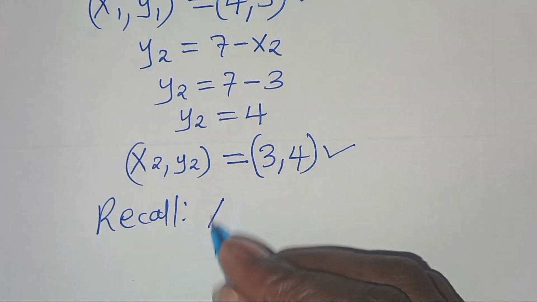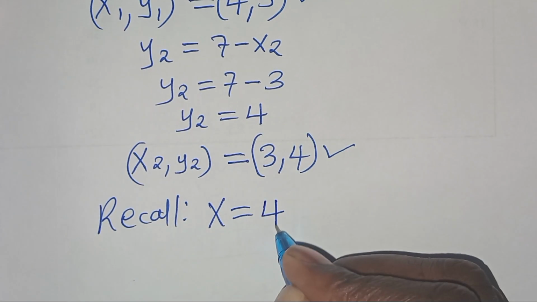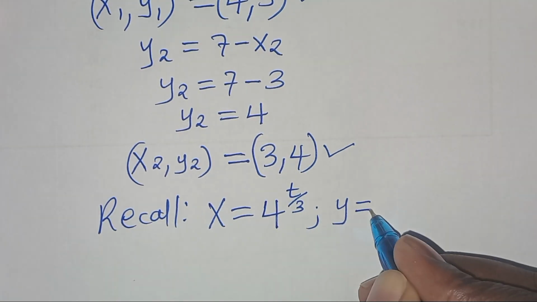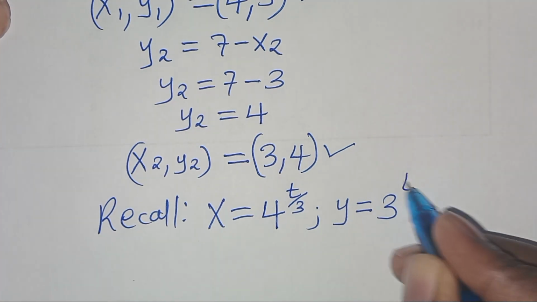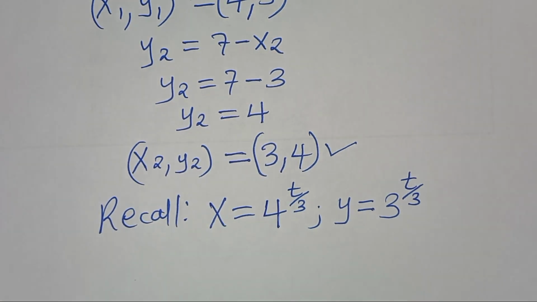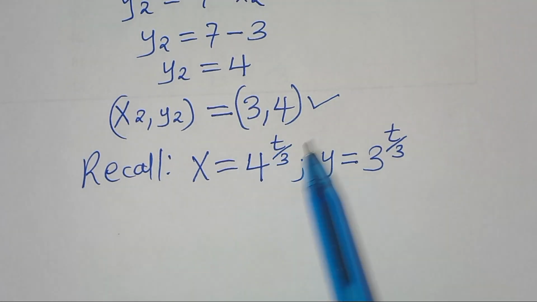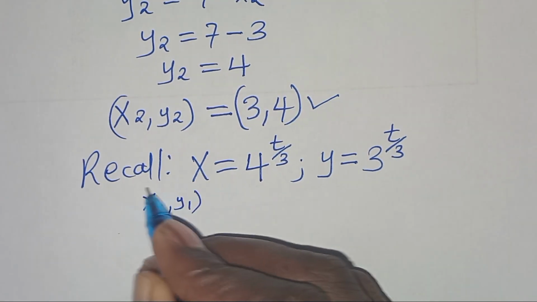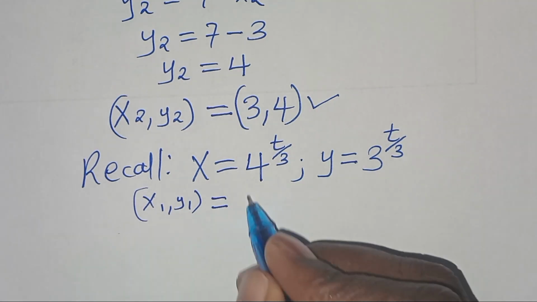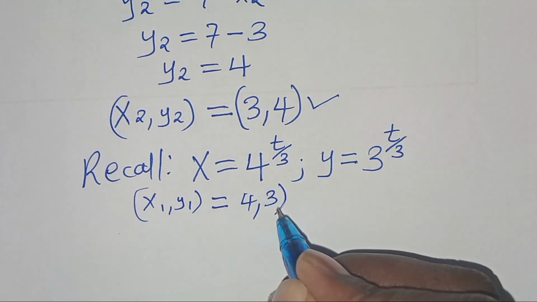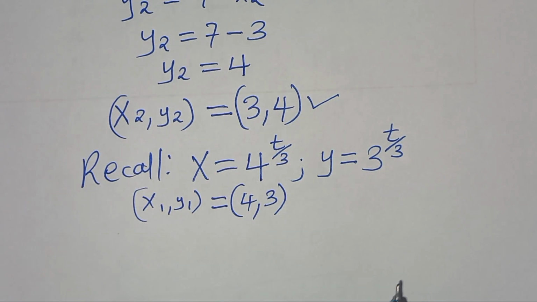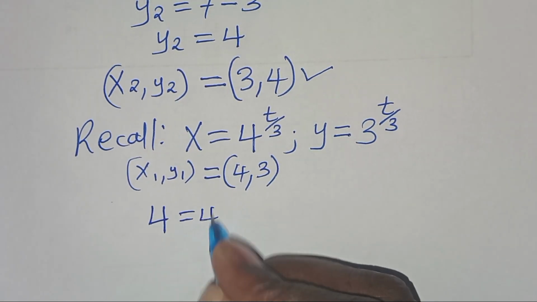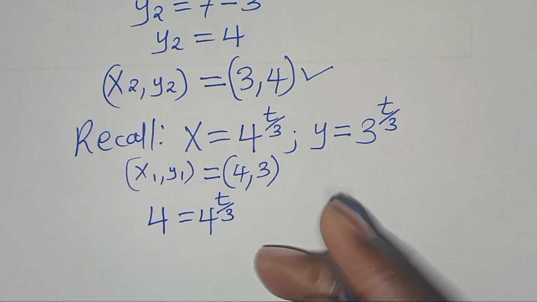So let's substitute from the first set of solution, that is x1, y1, which is 4, 3. Now here we have that 4 is equal to 4 to power t over 3.